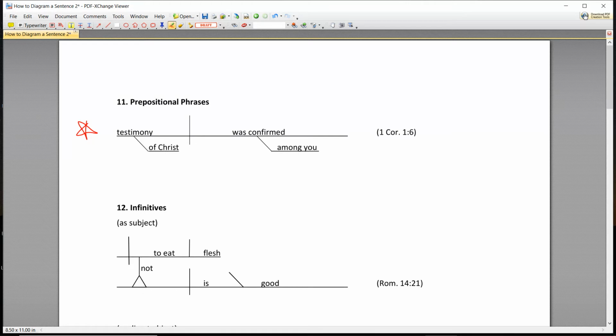So in this sentence, what is the subject? Of course, it's testimony, right? Testimony was confirmed. I believe this is subject and this is verb. I believe we have to add a diagonal line here, and this will be predicate.